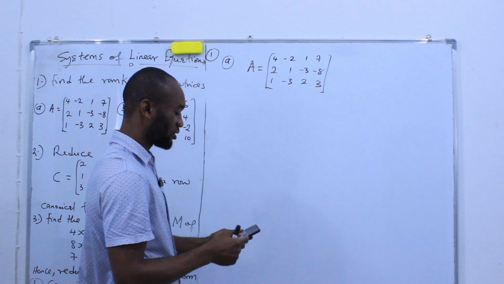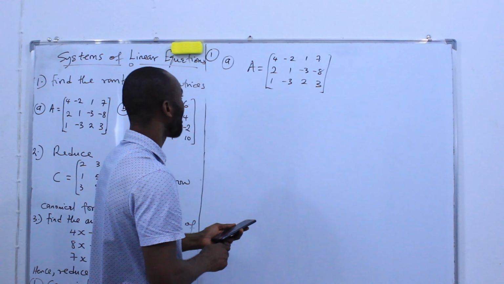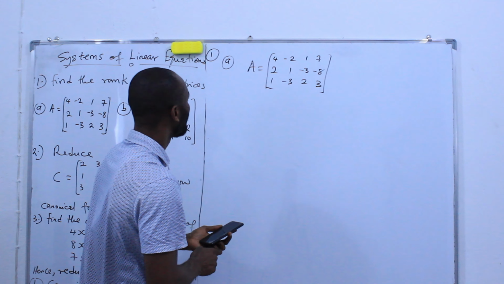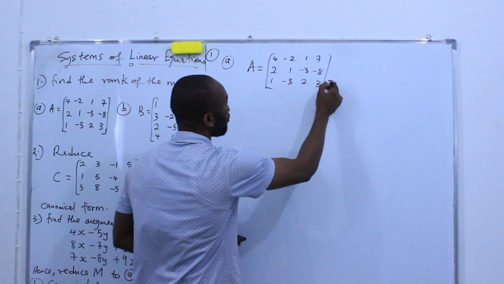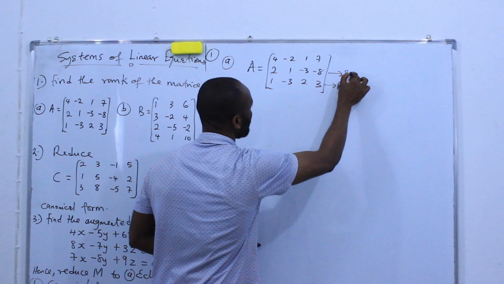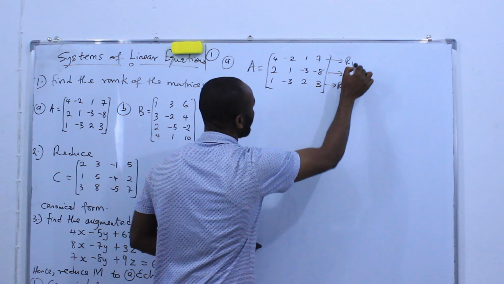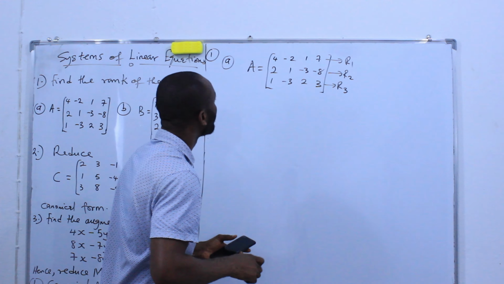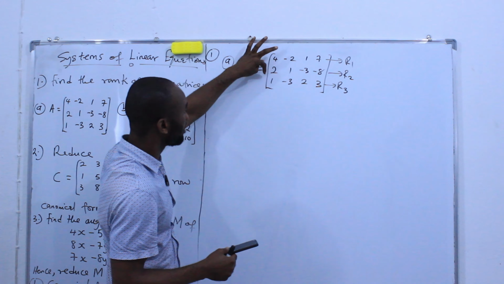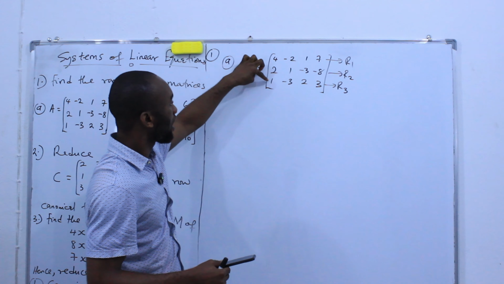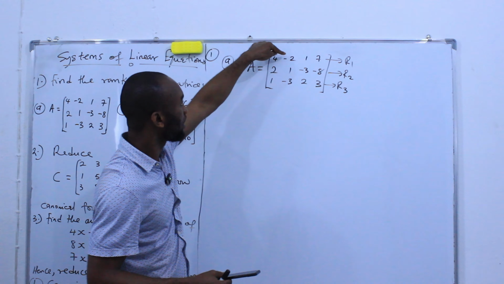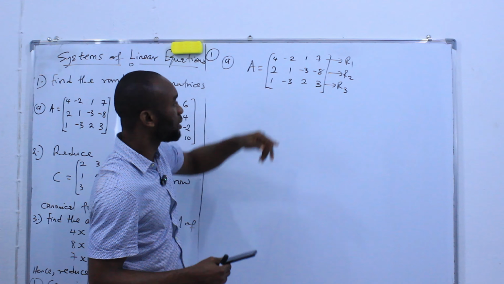To do that, first of all, this is row 1, this is row 2, and that is row 3. It is not in the proper setting. I want to bring row 3 to the place of row 1 and take row 1 to the place of row 3.